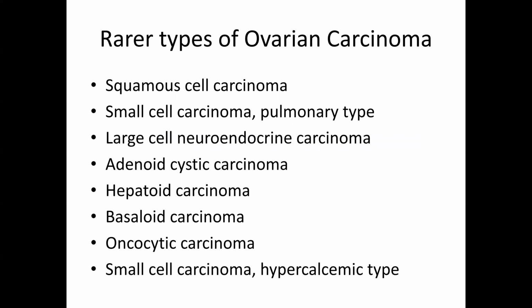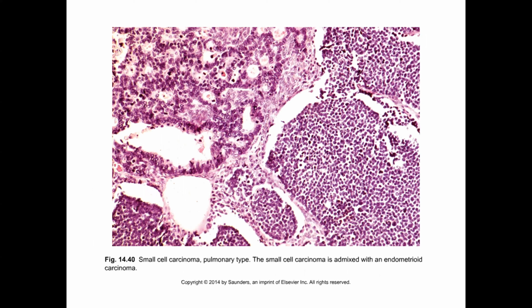Less common types of ovarian carcinomas: squamous cell carcinoma, pulmonary type small cell carcinoma, large cell neuroendocrine carcinoma, adenoid cystic, hepatoid, basaloid, oncocytic, and then this wonderful entity at the last, the small cell carcinoma of the hypercalcemic type, which we'll touch on. So here's an example of small cell carcinoma of the pulmonary type.